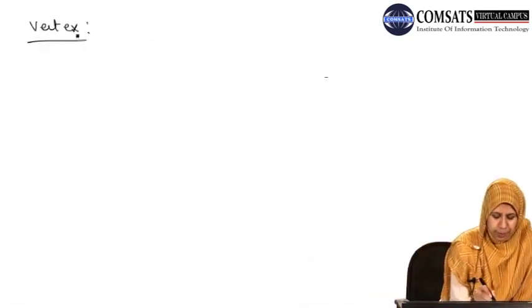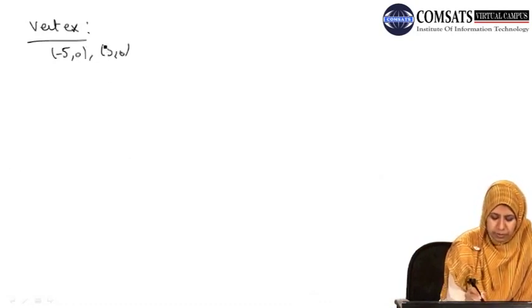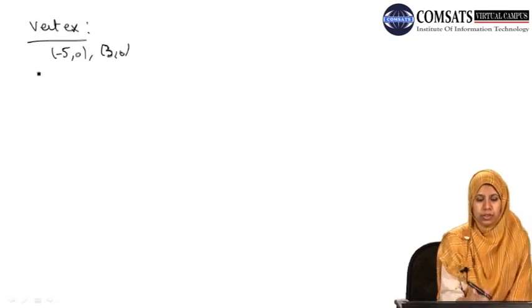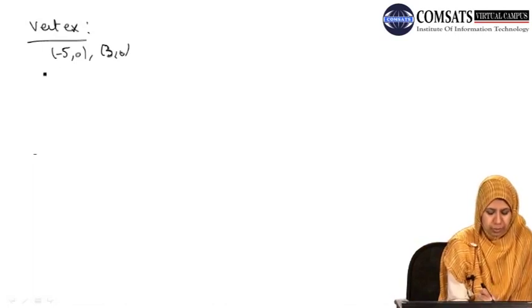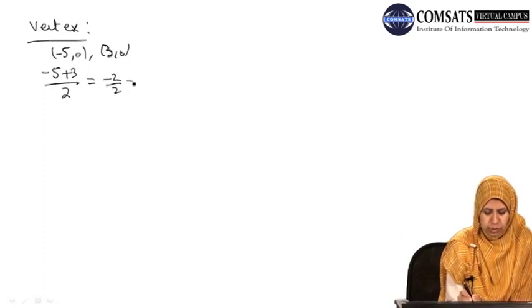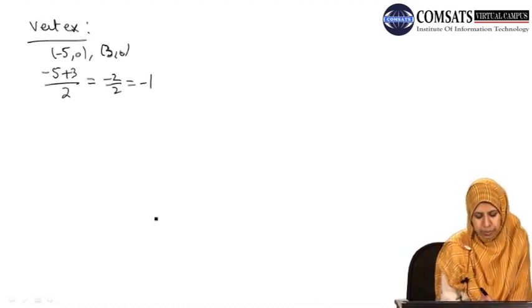The x-intercepts are (-5, 0) and (3, 0). For the x-coordinate of the vertex, we will take the average of these two, that is minus 5 plus 3 divided by 2. This minus 2 by 2 is minus 1. It's the x-coordinate of the vertex.